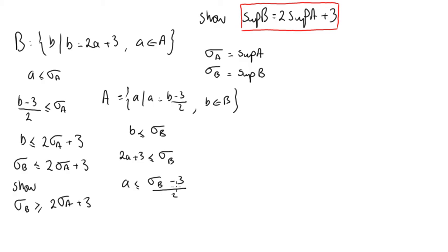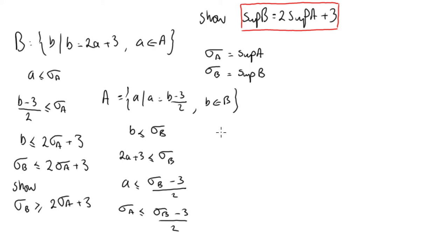The supremum of B minus 3 over 2 is the smallest term which is larger than or equal to any of the terms in A. Hence, I can say the supremum of A is always less than or equal to the supremum of B minus 3 over 2. Now I can do a bit of rearranging.